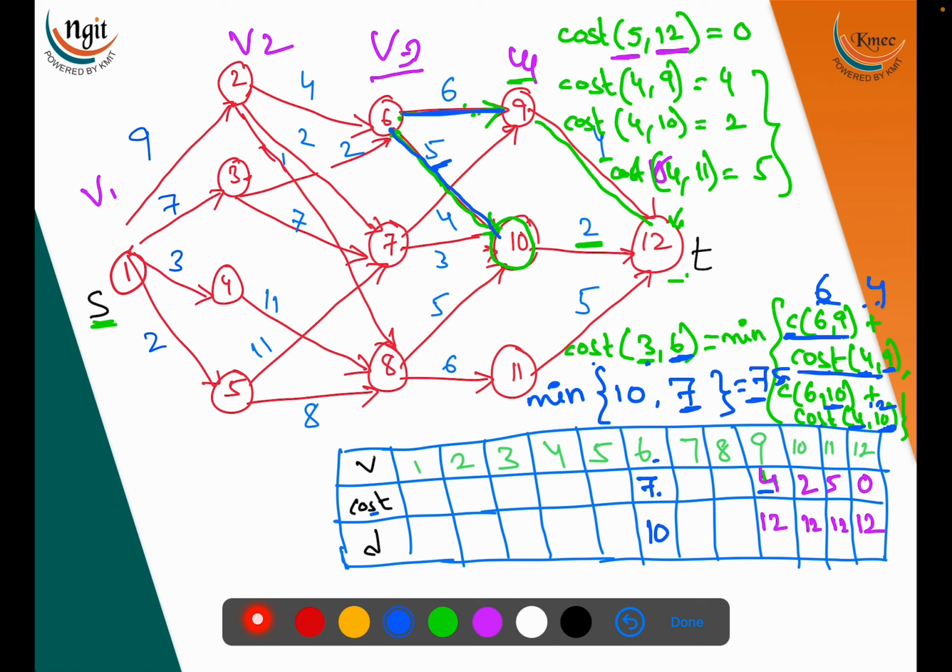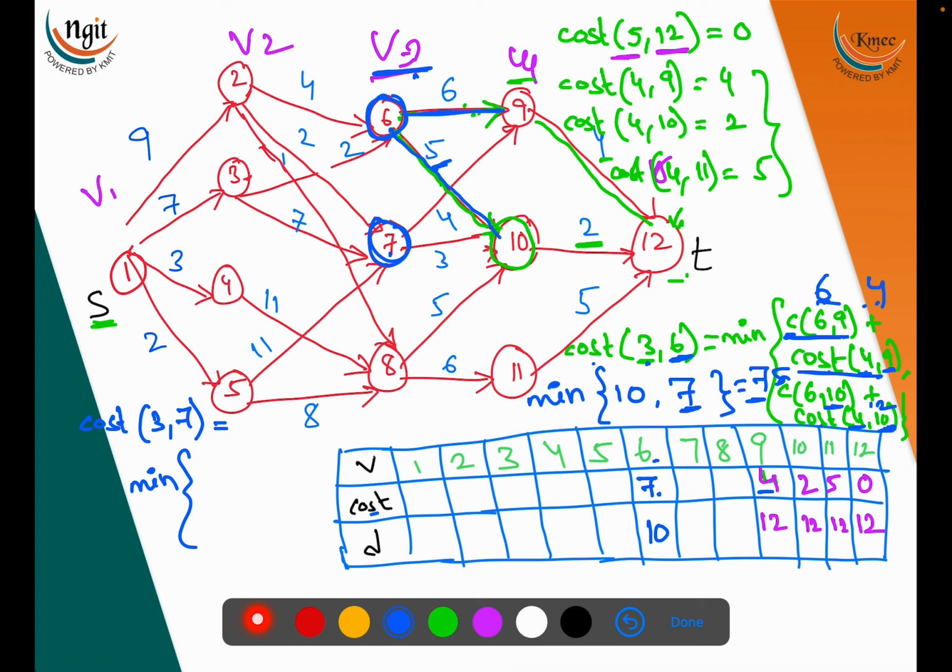Now again move to the third stage. 6 vertex is finished. Now in the third stage, the 7th vertex is there. Now again calculate cost of 3 comma 7. 3 represents stage number, 7 represents vertex number. 3 comma 7 is equal to minimum of, again, 3 comma 7.